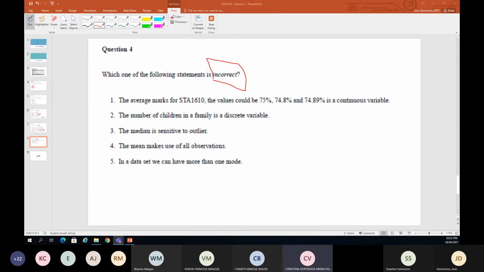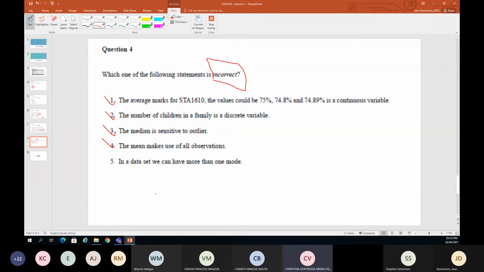I think the first one is correct because the percentages are continuous, with decimals, and the number of children is a number, so it's discrete. It is correct. It's a discrete variable. Then median, if I remember correctly, is the middle value, so that shouldn't be sensitive to outliers. Then the mean is the average of all the observations, so that is also correct.